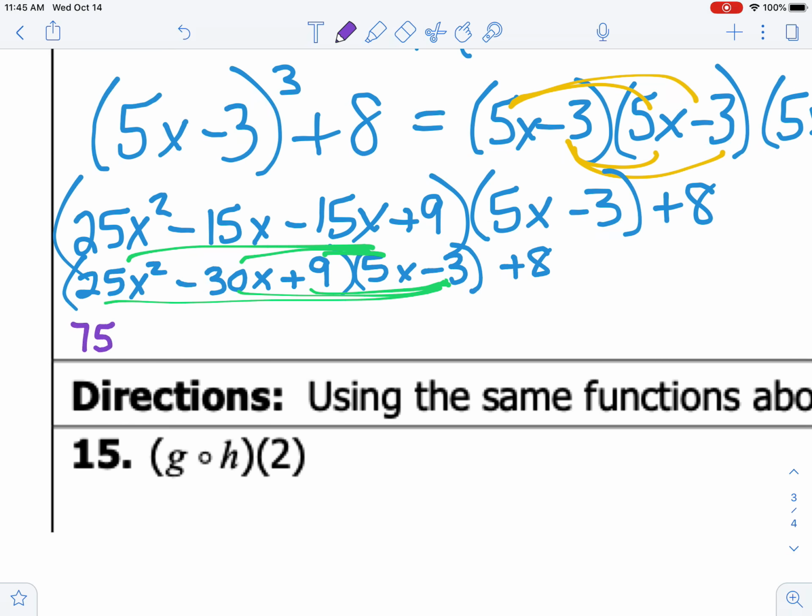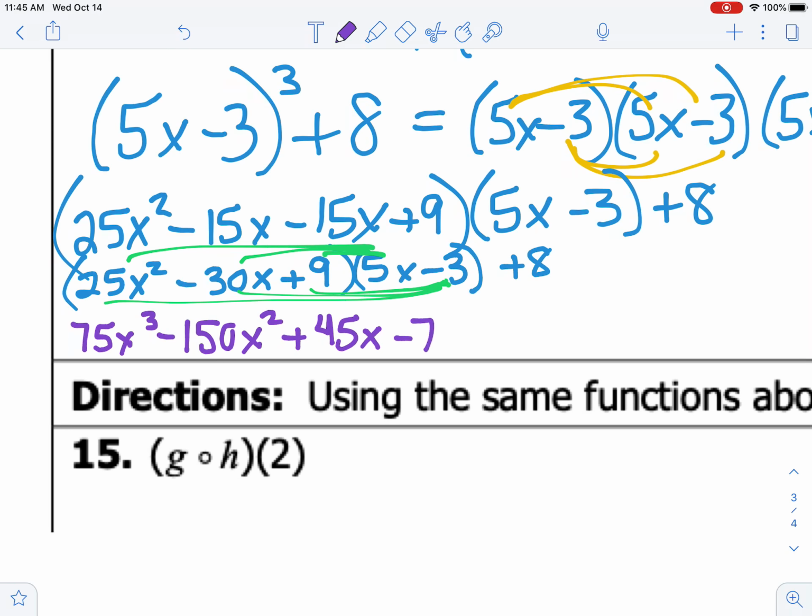5x times 25x squared is 75x to the third. 5x times 30 is negative 150. No. Yes, I'm sorry. Oh, geez, Miss Underwood. Okay, x squared. 45.